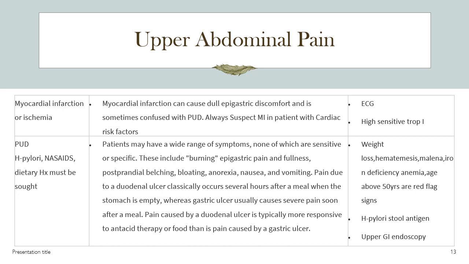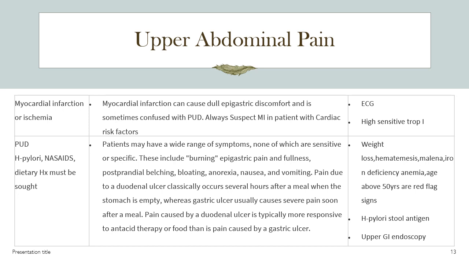First thing first, you need to rule out whether this patient has MI or not. This is very important, especially if the patient presents to you with severe epigastric pain, or epigastric pain with anxiety, a sensation of impending doom, vomiting, and sweating in the emergency room. Then always rule out myocardial ischemia or myocardial infarction first, then proceed to the other causes, because all other causes are less life-threatening.